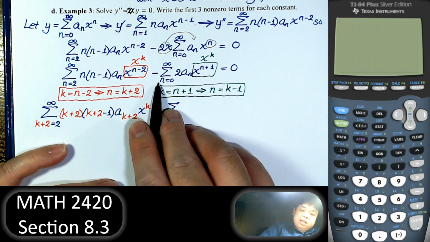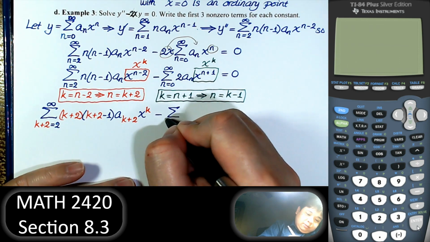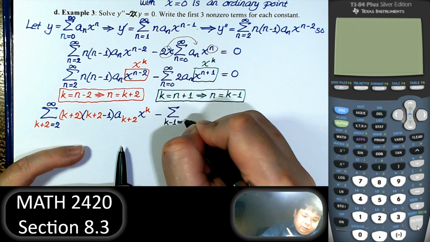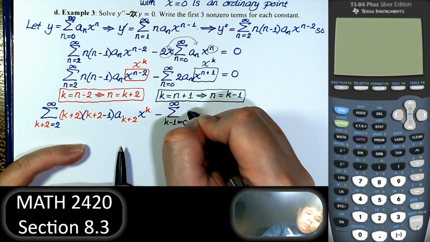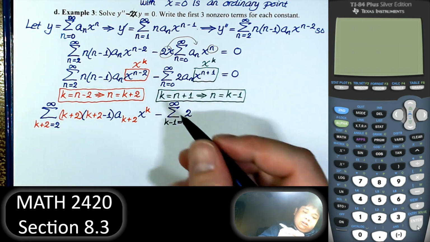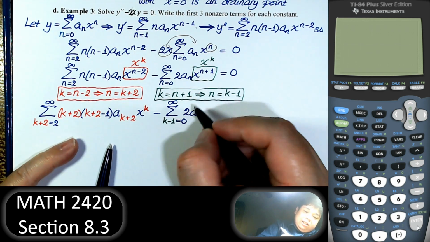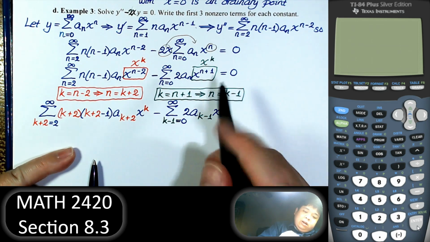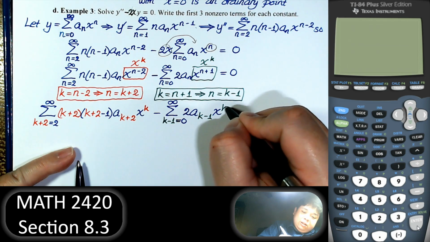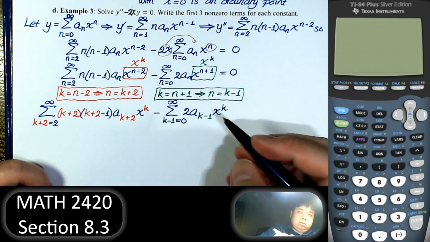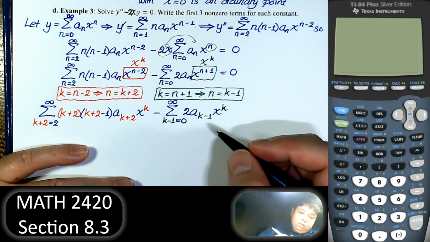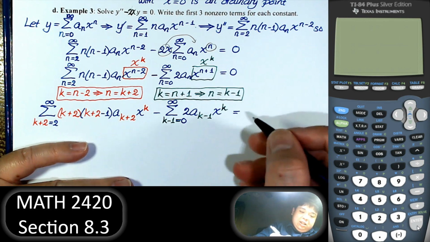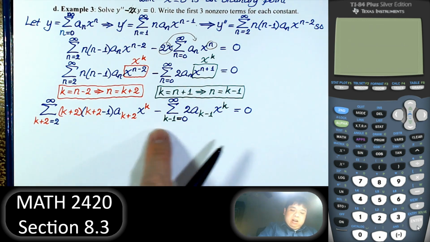Next, there's an n here. This n is going to be k minus 1. We have 2 a sub n, n is k minus 1, x, and k minus 1 plus 1 is k. Now let's simplify this a little bit.